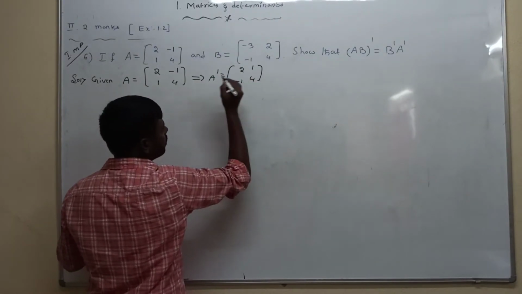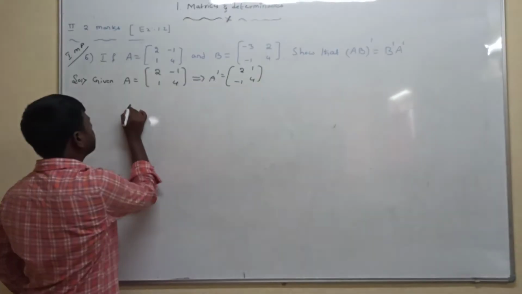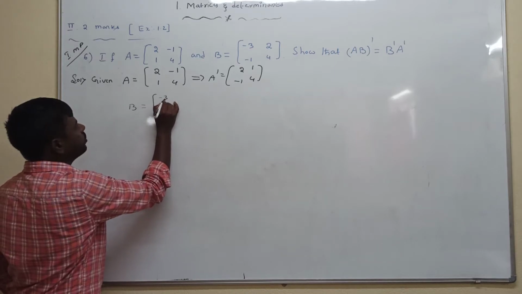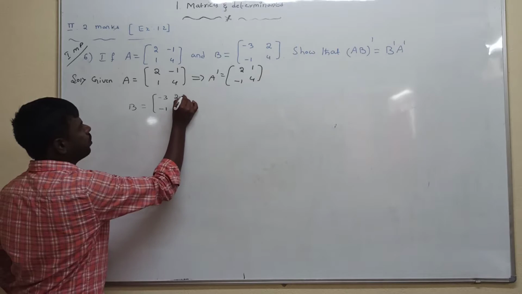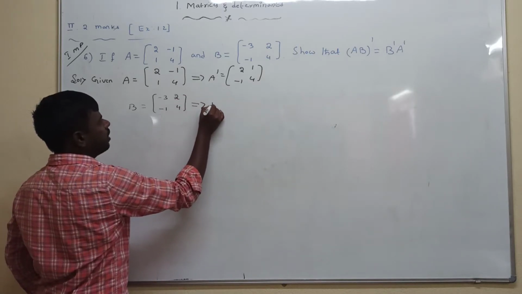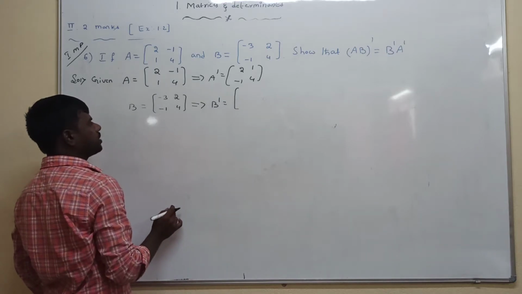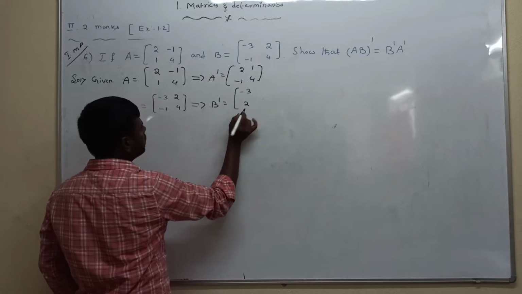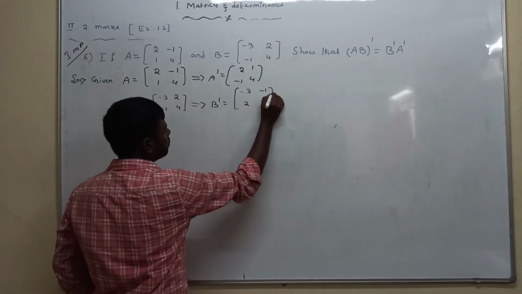We got transpose of A is equal to [[2, 1],[-1, 4]]. Next, B is equal to the given matrix [[-3, 2],[-1, 4]]. So find the transpose of B by interchanging rows and columns: first row replaced with first column, second row replaced with second column, [[-3, -1],[2, 4]].